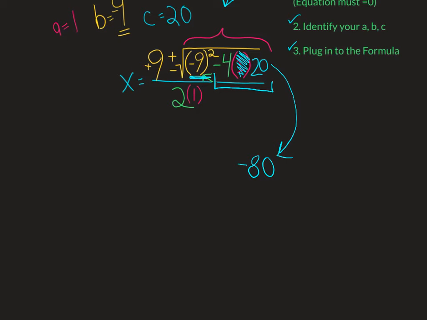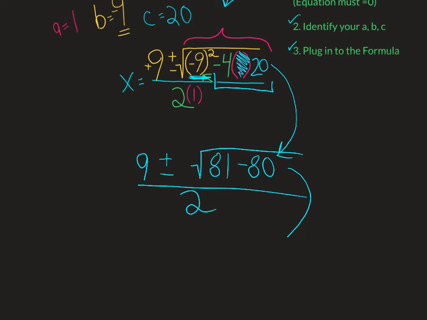Then we'll do this negative 9 squared, which is just 9 times 9. The negatives will cancel, so we have 81. So here we've got square root of 81 minus 80. I'll copy everything else down just so you guys stay clear. It's that 9 plus or minus, and then 2 times 1 is just 2.